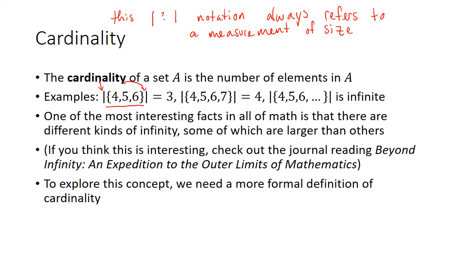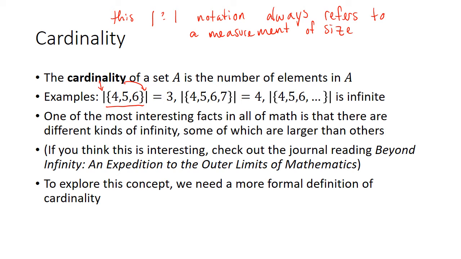For the absolute value, you're measuring the size of the number in the sense of how large it would be if you didn't care about the sign. And for cardinality, you're measuring the size of the set in the sense of the number of elements that are in it. So that little double line thing always refers to size.